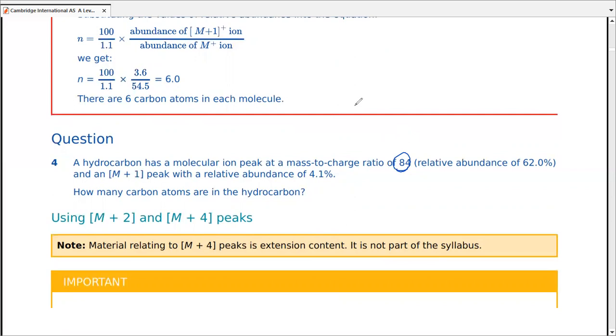Let's suppose it is made up of just C's and H's, and you work this one out and you get an answer of 6 carbon atoms. You can then work out the number of hydrogen atoms with it. This is the easiest thing that you can do with this M value.